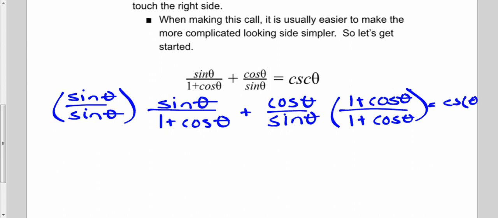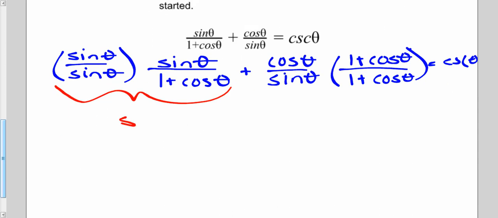So when I do all this stuff, what do I get? What's my fraction on the left turn into? Sine squared theta is the numerator, right? And then the denominator, I'm going to leave it factored.